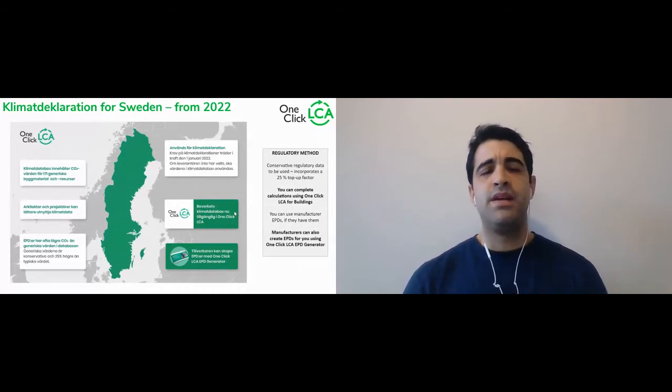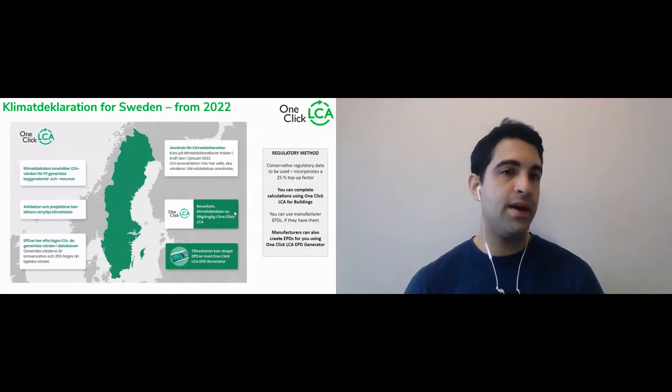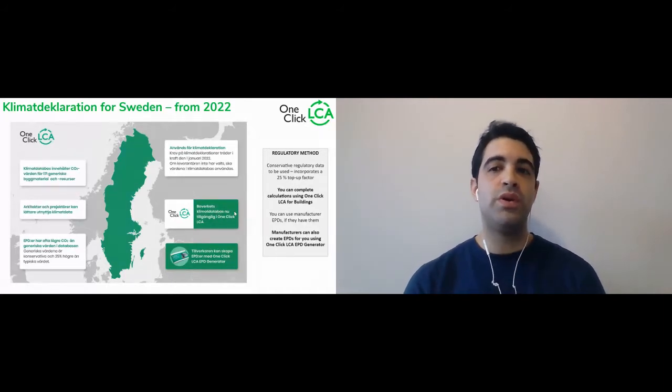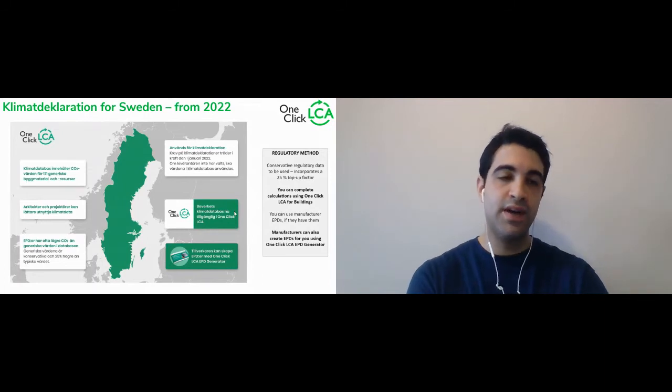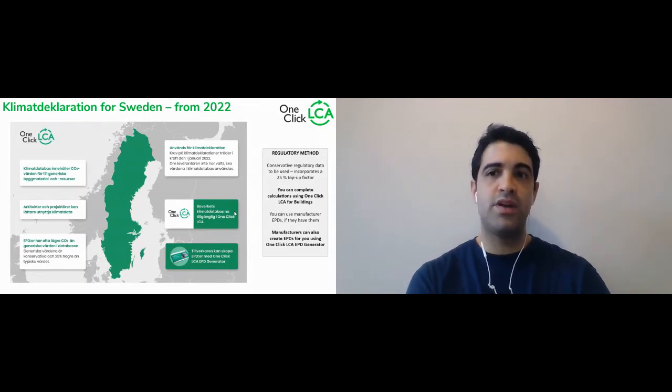The climate database contains around 171 generic materials and resources. But what you need to know here is that this generic database has something called a conservative factor. The conservative factor incorporates a 25% top up.